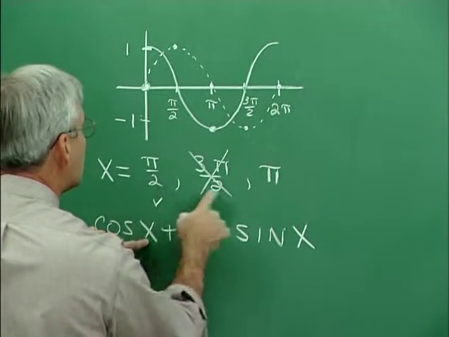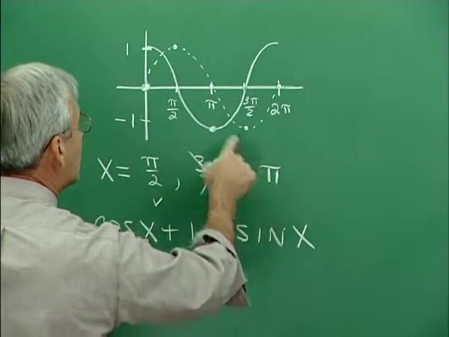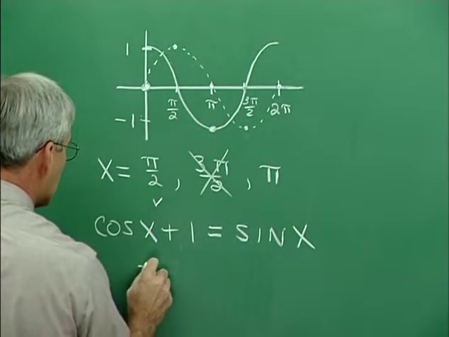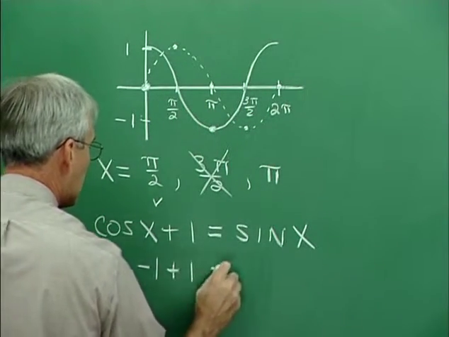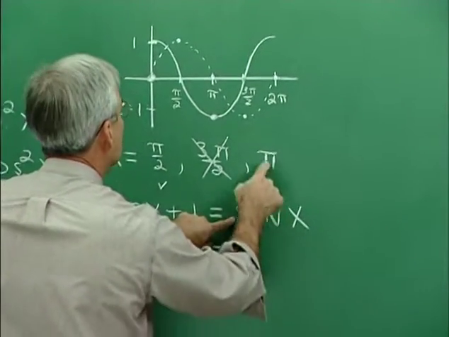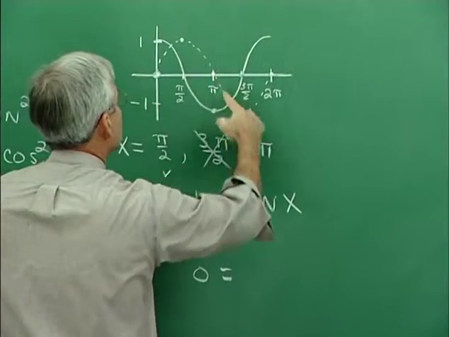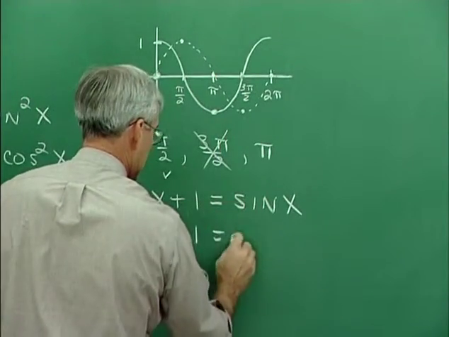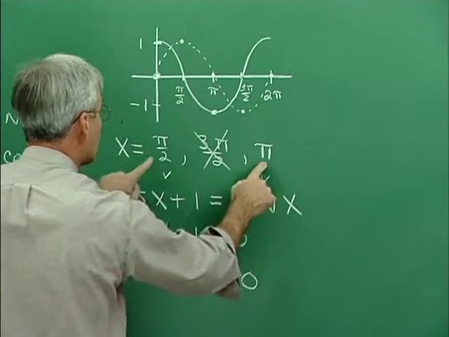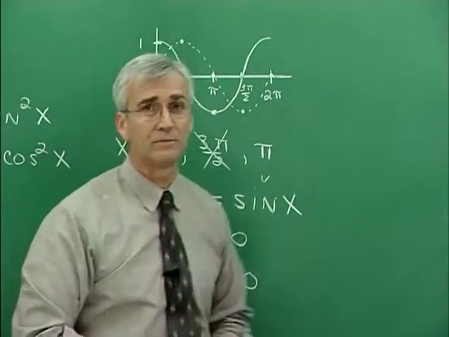Cosine of pi, here's the cosine curve, is at negative 1. So negative 1 plus 1, that's going to be 0 on this side. What about the sine of pi? Here's the sine curve, oh it's at 0. 0 equals 0. This is indeed a solution. So these then are our two solutions to the equation.